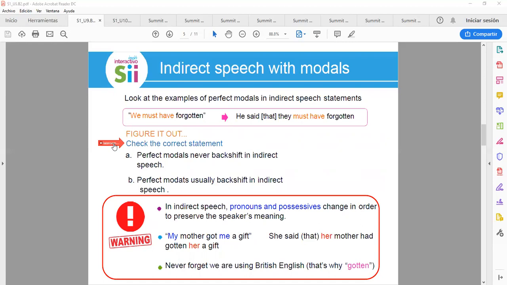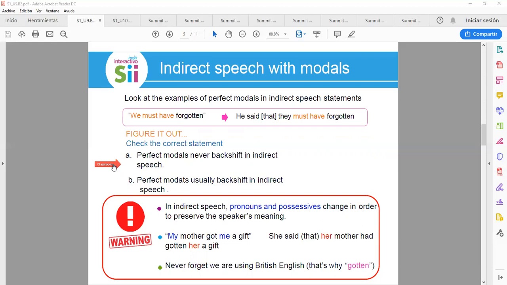A. Perfect modals never backshift in indirect speech. B. Perfect modals usually backshift in indirect speech. Which one is correct? That's true. Perfect modals never backshift in indirect speech.